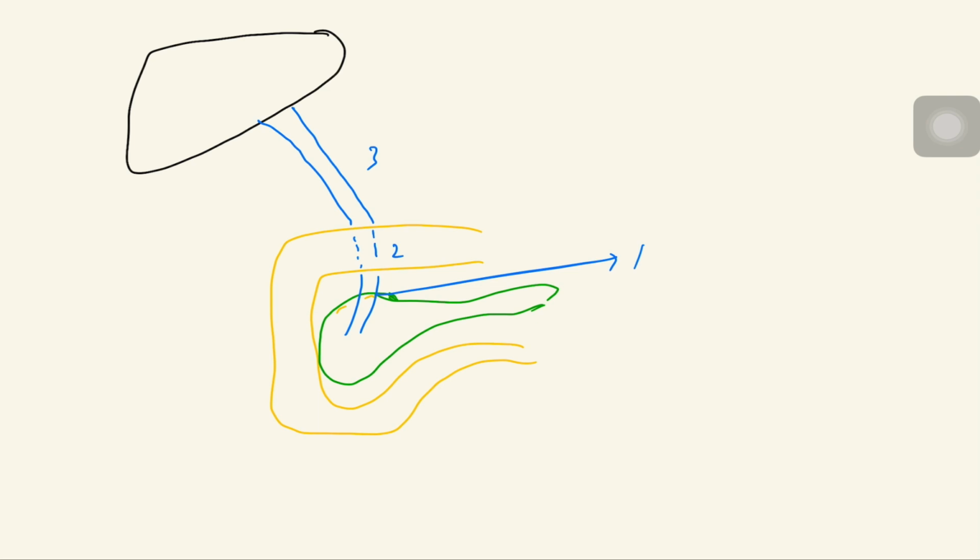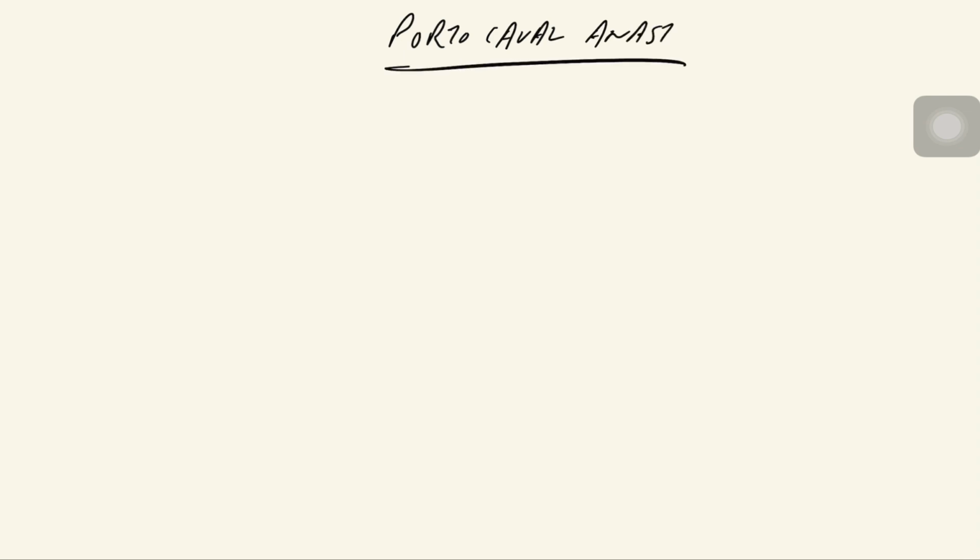So the first part is your infraduodenal. The second part is retro, and the third part is supraduodenal. So these are the three parts of portal vein. Now let us study the porto-caval anastomosis. So what is porto-caval anastomosis?